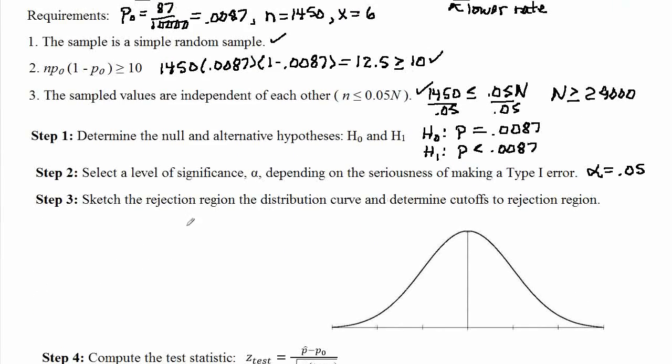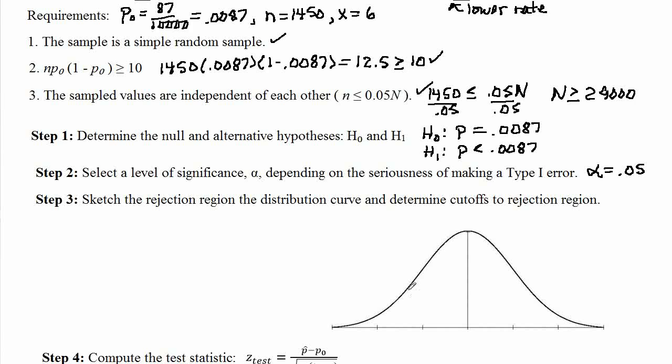Now we're going to sketch our rejection region on the distribution curve and then determine the cutoffs on the rejection region. This is a p less than test, so that's a lower tail test. That means our rejection region is going to be on the left-hand side.